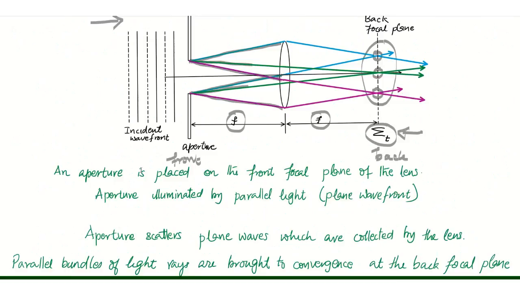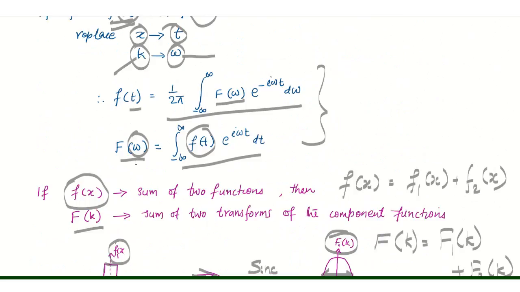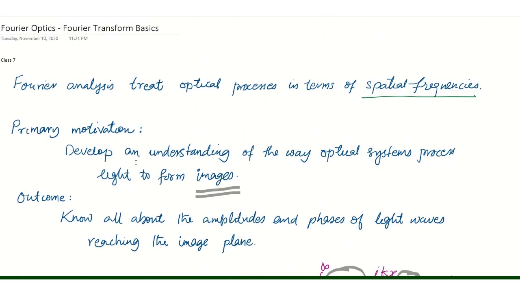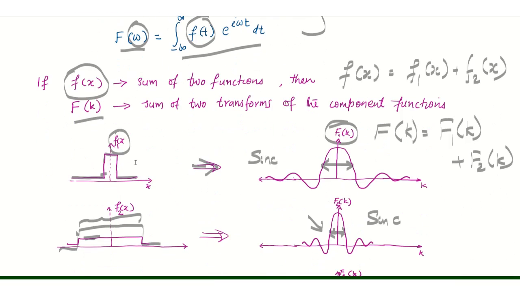This class was intended to make you familiar with some concepts of Fourier transform and how it can be applied, because we have seen that a slit will give you a sinc square or a sinc function at the Fourier plane for the electric field distribution.